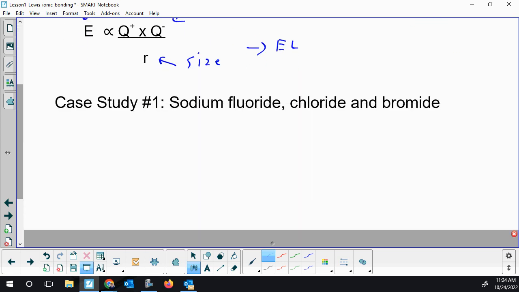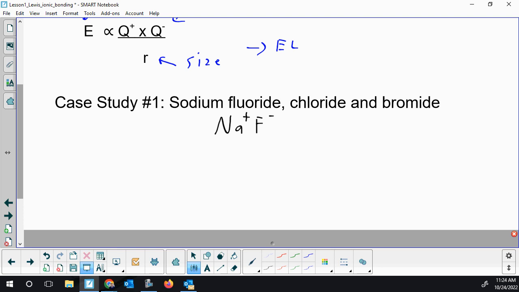All your examples will have one of those two parameters as a controlled variable and the other as the manipulated variable. So that's what we have to figure out between sodium fluoride, sodium chloride, and sodium bromide. Are the charges changing here, or is the size changing? Sodium fluoride would be Na plus F minus.